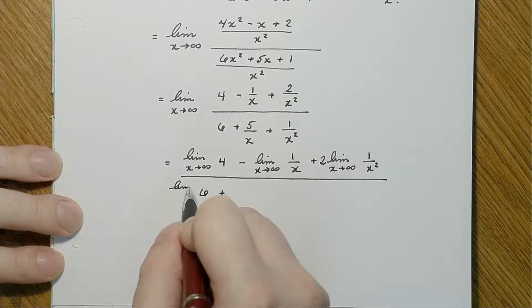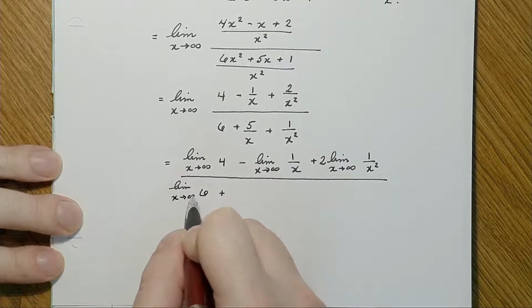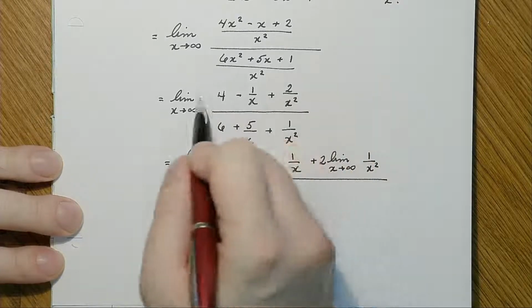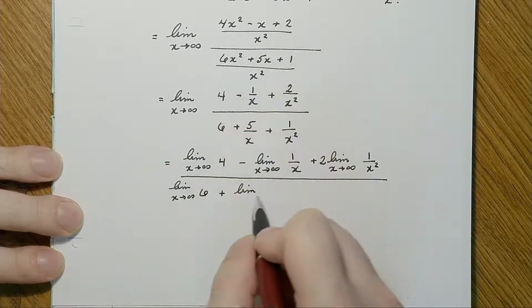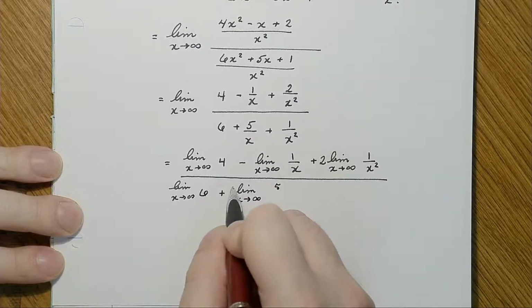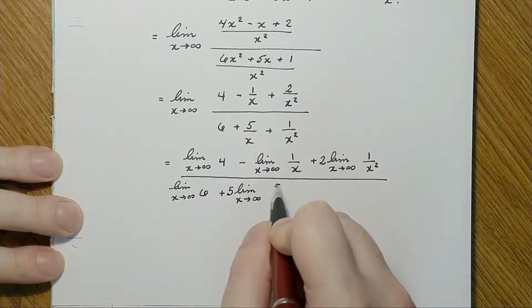So I can also apply the limit there. So what have I done? I've applied the sum rule of limits. I'm going to put the 5 out front here.